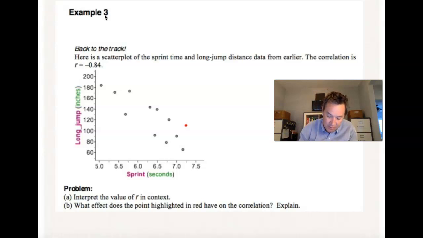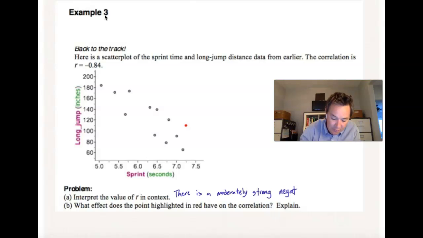So I would say there is a moderately strong negative linear association between sprint and long jump.